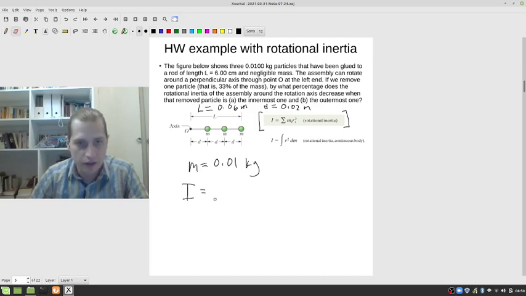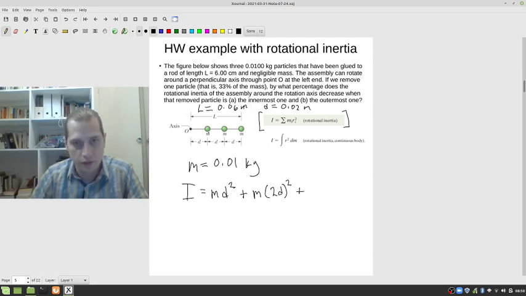for my first mass, it would be mass M, and the distance would be D squared. Okay, there's the squared in it. So that's my contribution of my first mass. Then I add on the contribution of my next mass. So this one would be 2D away, so it would be M 2D squared plus.